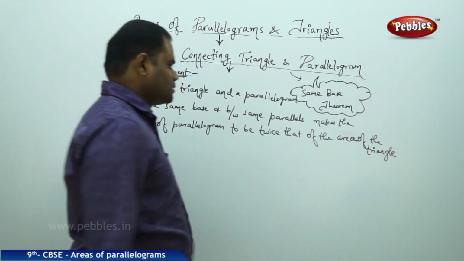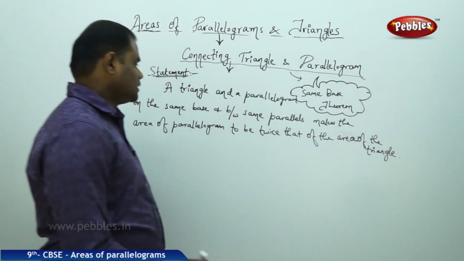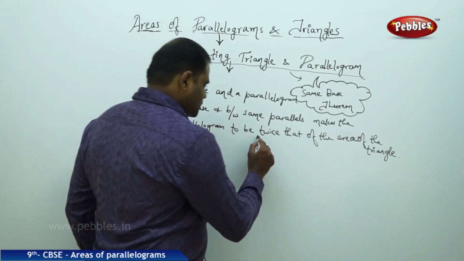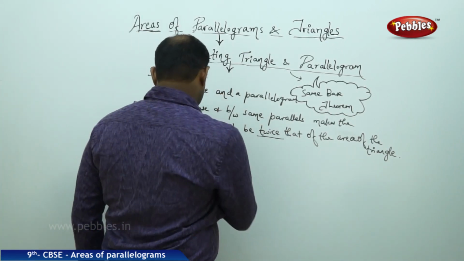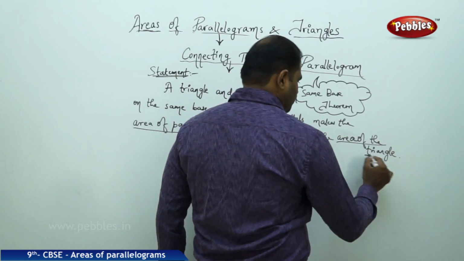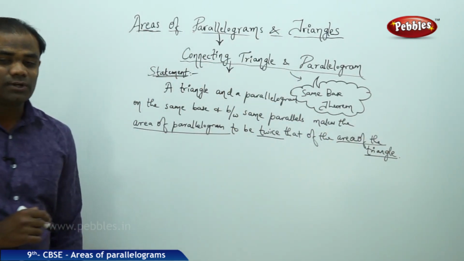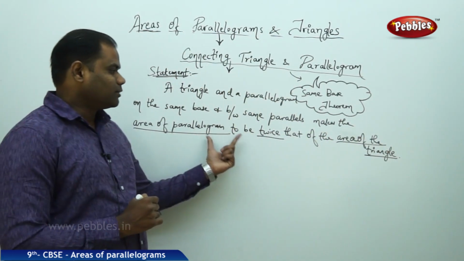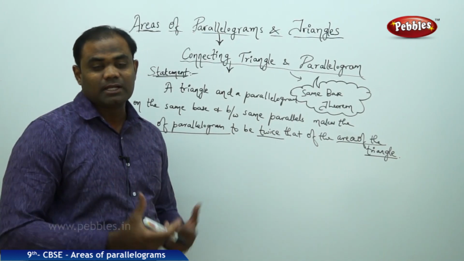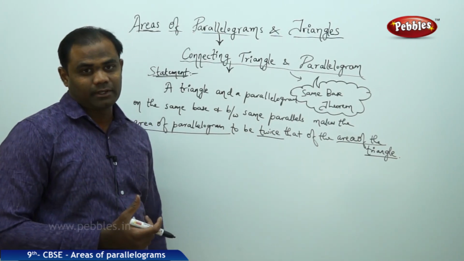So in such a case, we see that area of parallelogram is twice that of area of triangle. It is not equal, but area of parallelogram is twice or double of the area of triangle.